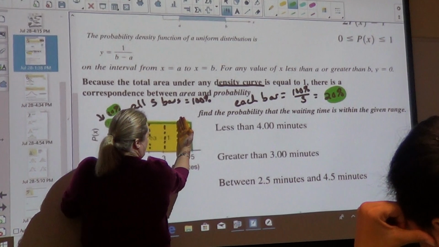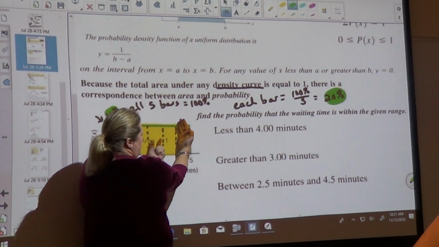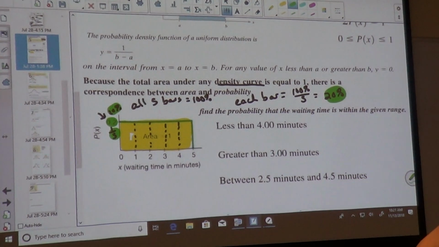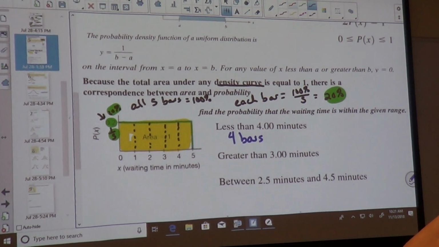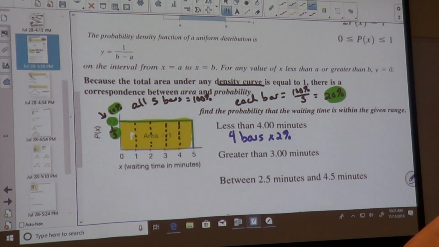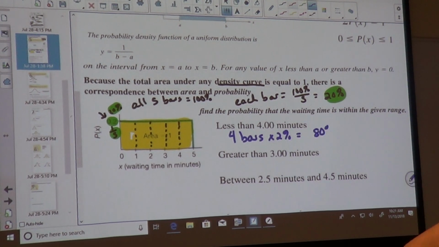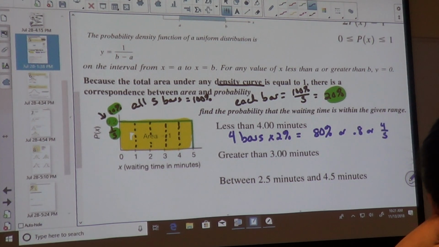So, less than 4 is going to be how many bars? 4 bars. Okay? So, we have 4 bars, and how much is each bar? 20%. So, that represents how much total? 80%, or 0.8, or 4/5, according to whether they want a percentage, a decimal, or a fraction.